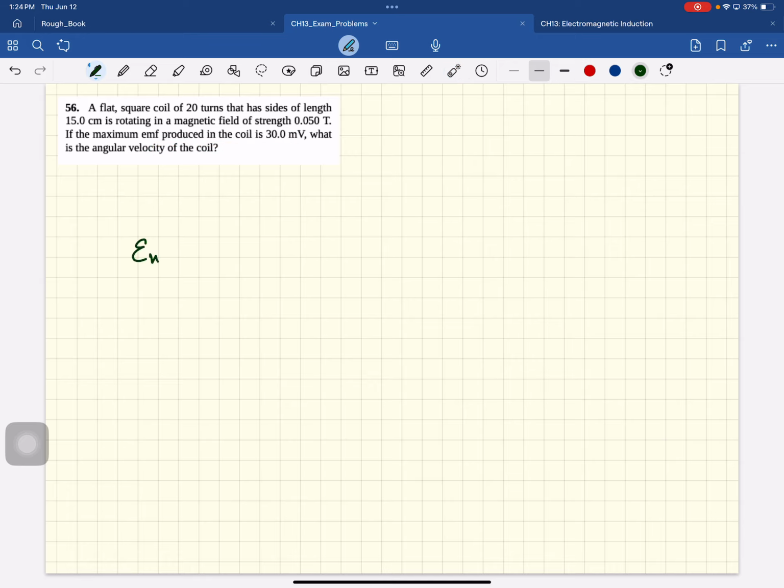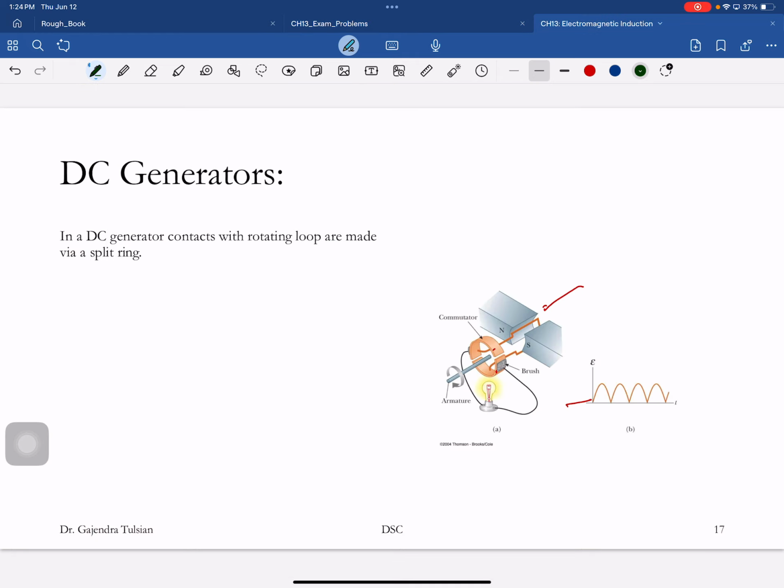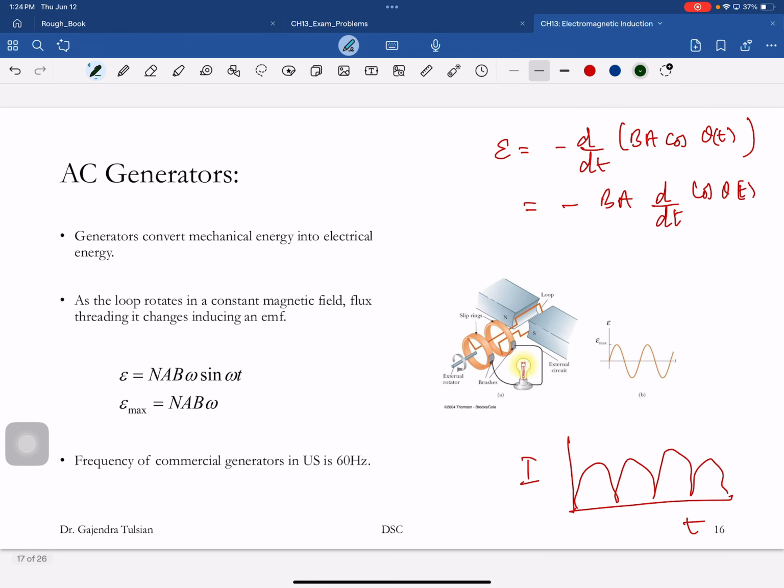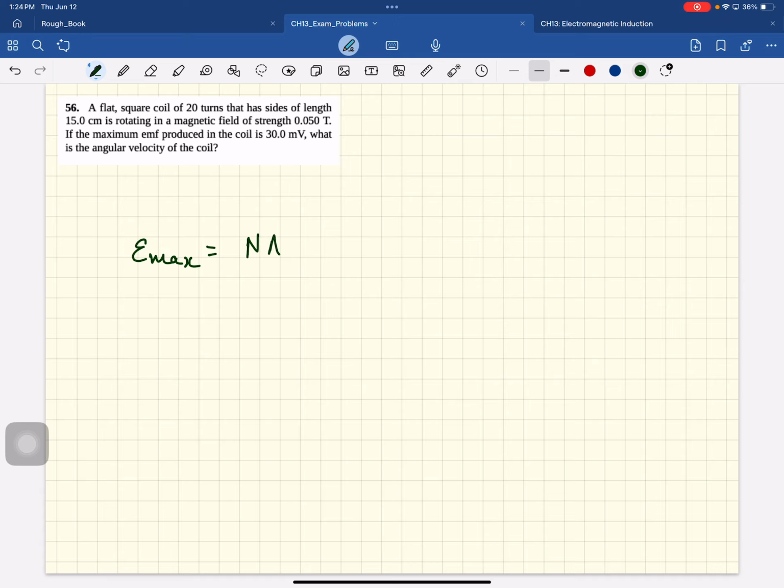So you saw that Emax is, let's look at the expression, N A B omega. The coil has 20 turns, that's N equals 20. The side length is L, so area is L squared.